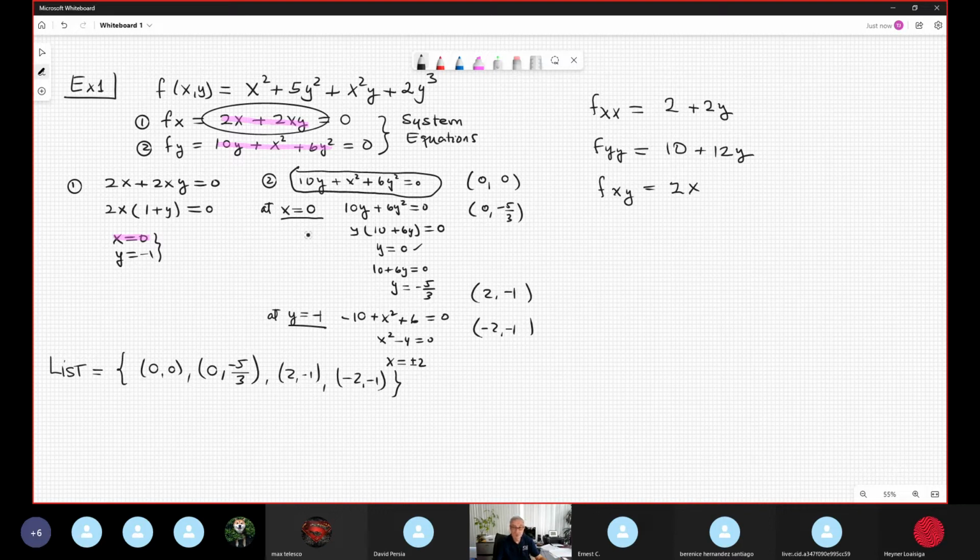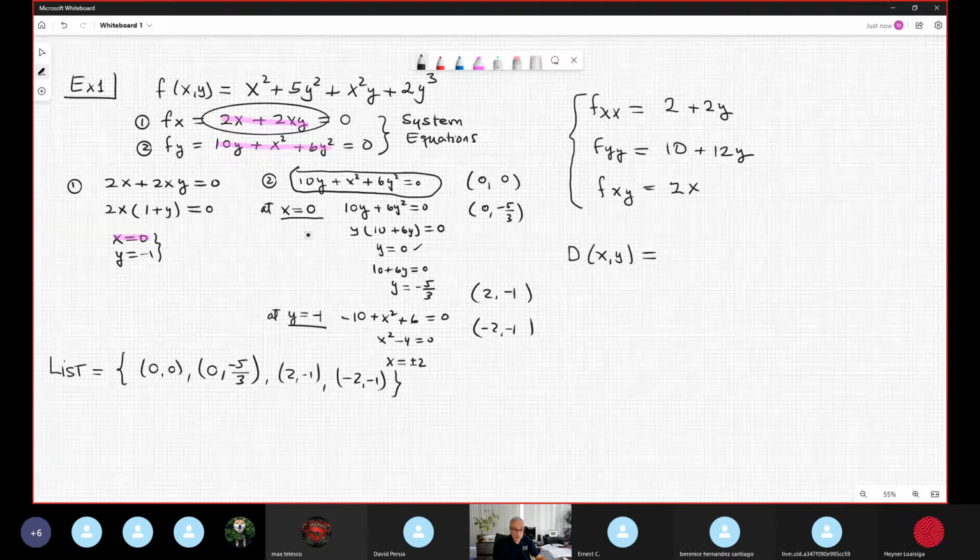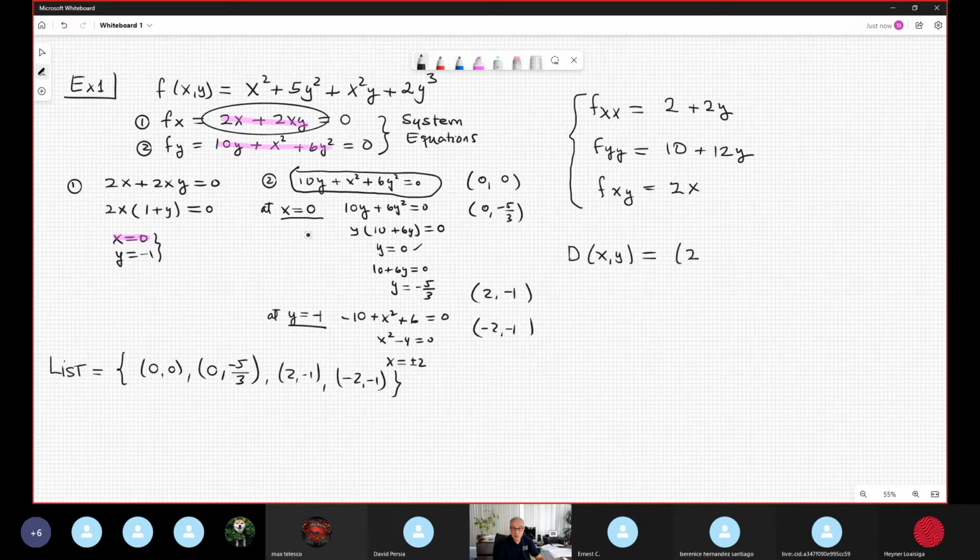Now, using this information, we compute the expression for the discriminant. The expression for the discriminant is the multiplication of (2 plus 2y) times (10 plus 12y) minus the square of this guy, which is (2x) squared, that is 4x squared. If you want to FOIL, I want to avoid the algebra because it's too easy for us.